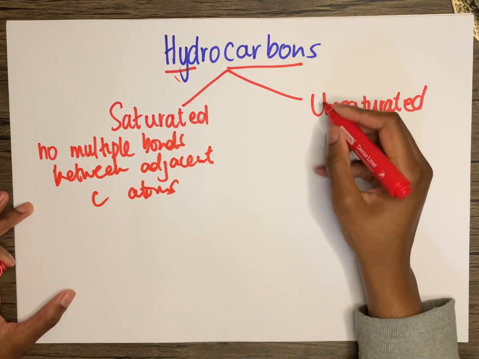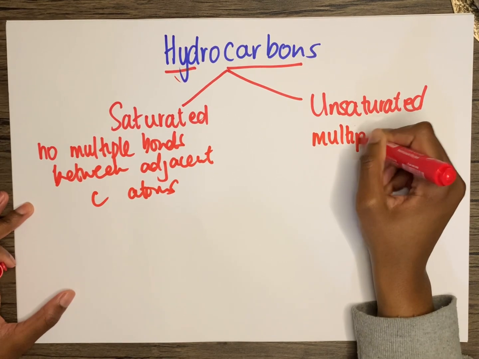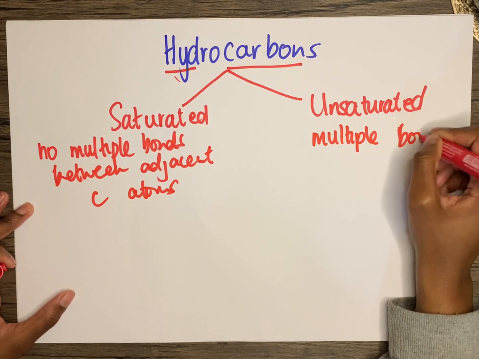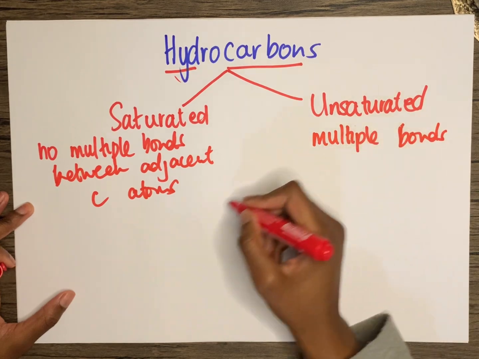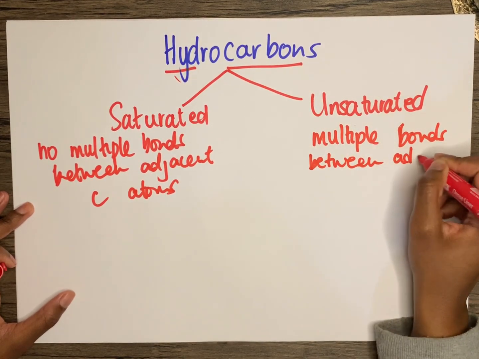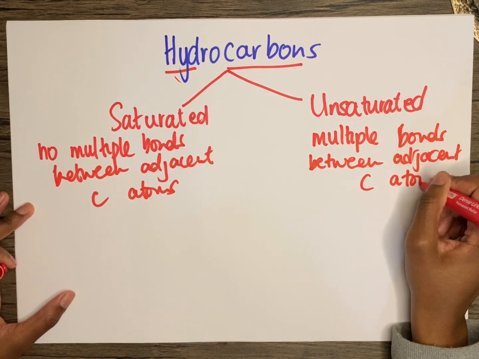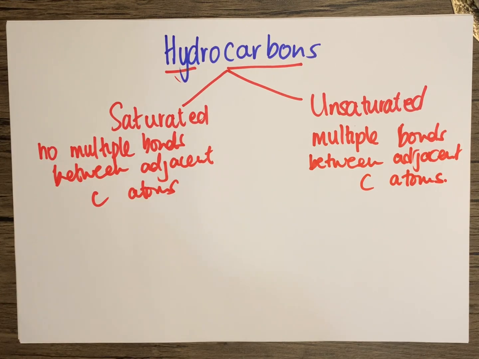And then the unsaturated have one or more multiple bonds between adjacent carbon atoms. So I'm going to stick to my example again.